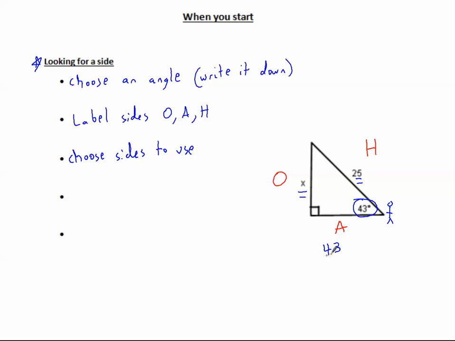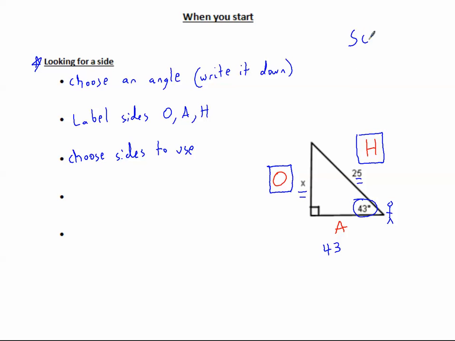Whenever you set up one of these equations, you can only have one variable at a time. In this case, we're fine because we're just looking for a side. So because we have chosen this side, our x, and this side, our 25, that means we need to use O and H.